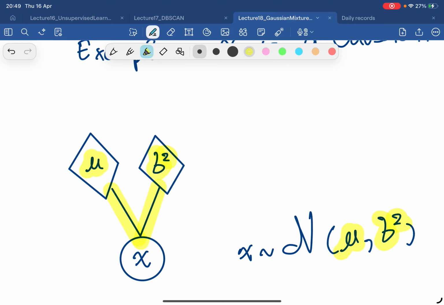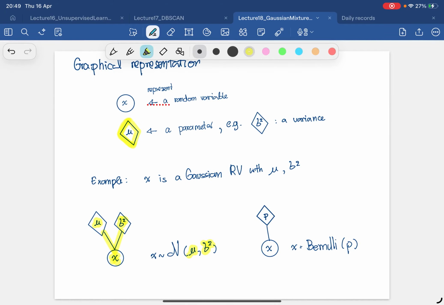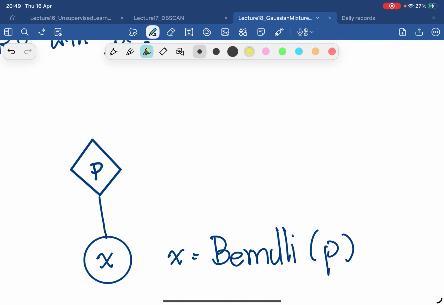That means these two parameters are associated with this random variable x. And what if we want to say x came from Bernoulli? We can draw this parameter notation and drag it to the random variable notation to say that this x has an associated model parameter that is p.